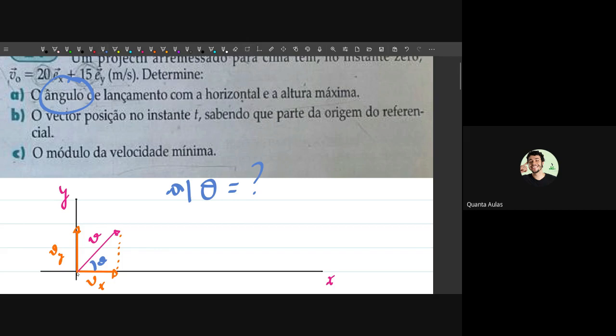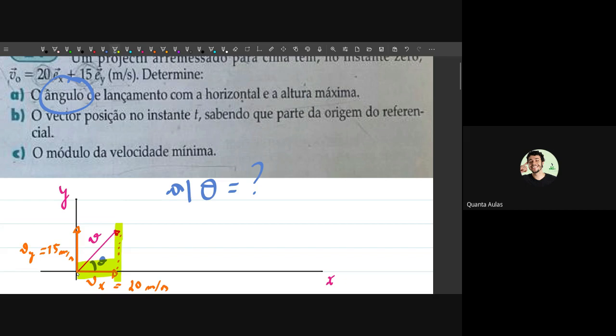For example, in the y-axis, the value is 15 meters per second, sorry. And here we have 20 meters per second. So at this point, you can note we have these components, the sides of the triangle, not the hypotenuse.